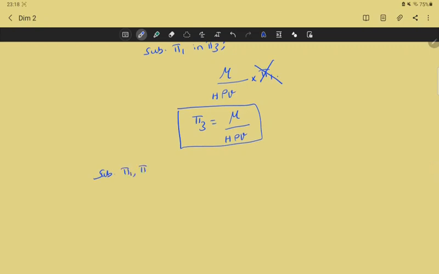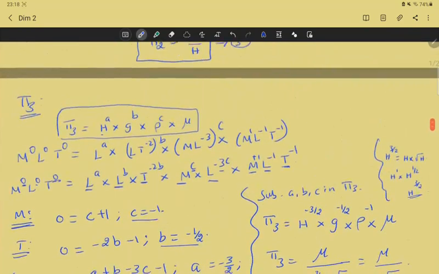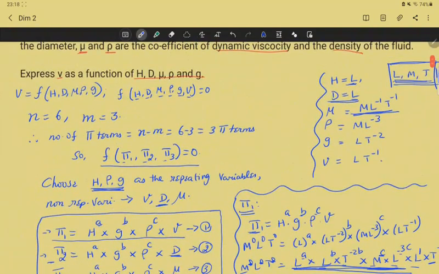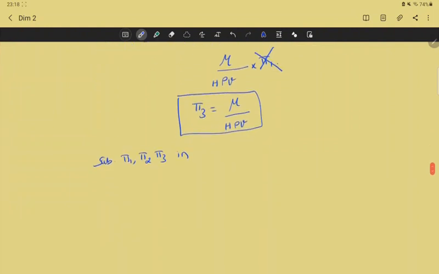Substituting pi 1, pi 2, pi 3 in, what is the equation number called? Let us call this equation 0. So in equation 0, what do we have? We have function of pi 1 comma pi 2 comma pi 3 equals 0. That is what it said. So what is pi 1?